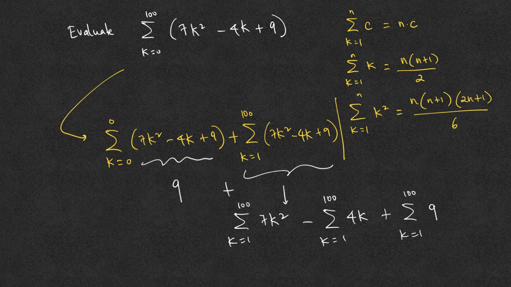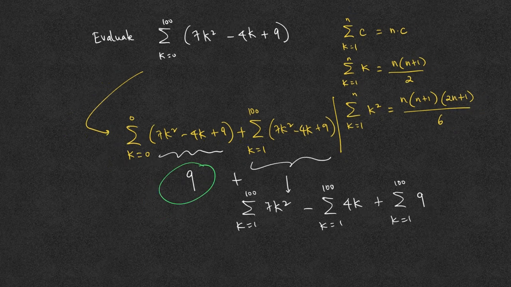We will evaluate each of these sums individually, obtain the answer, and then take 9 plus the first sum minus the second sum, add the third sum. 9 is simply 9, so we will just leave 9 alone for now.